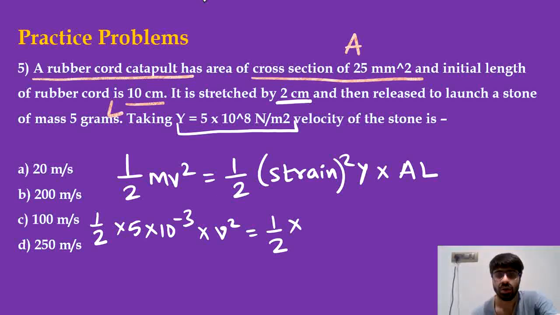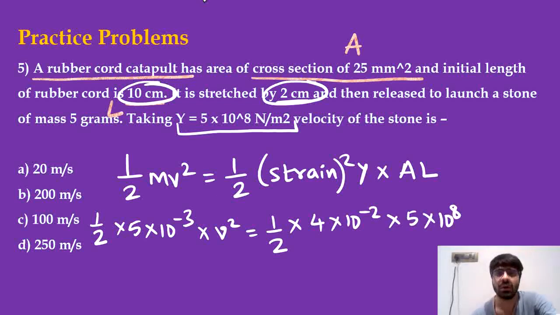Strain square, you are increasing the length by 2 centimeters and the original length was 10 centimeters. So strain would be 2 upon 10, that is equal to 0.2, the square of which will be 0.04. So we write it as 4 into 10 to the power minus 2. The Young's modulus has been given to us as 5 into 10 to the power 8. Then we are given the area of cross section, which is 25 into 10 to the power minus 6.